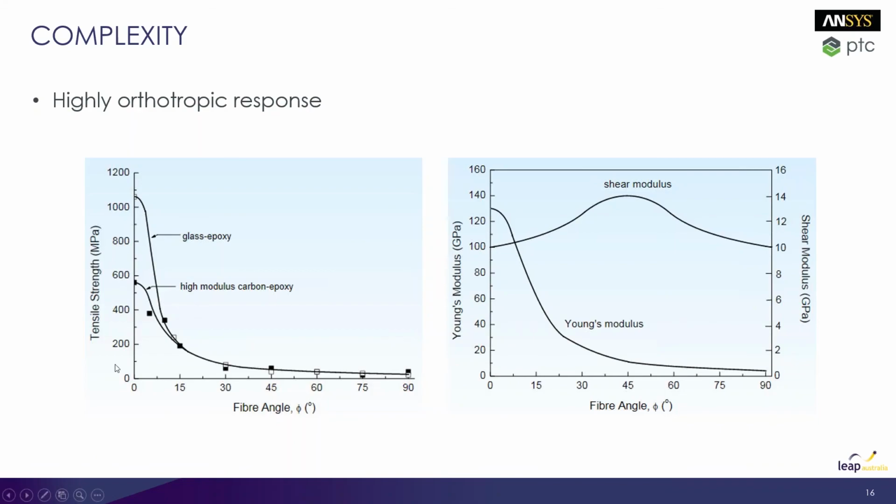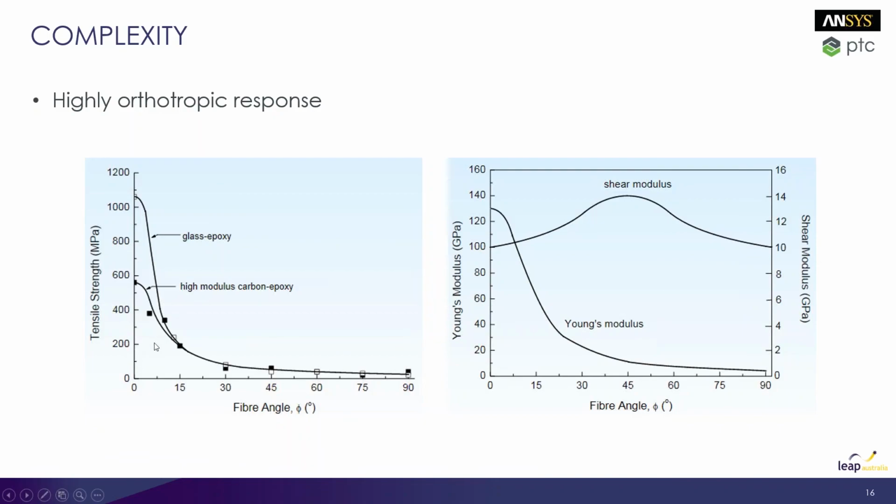So here we have the tensile strength of glass epoxy and carbon epoxy compared to the fiber angle. If we're pulling it along its length, it's very strong, over 1,000 megapascals. As we slowly pull it off axes, when we're getting to just a 15 degree misalignment from loading those fibers, we're already down to a tensile strength of about 200 megapascals.